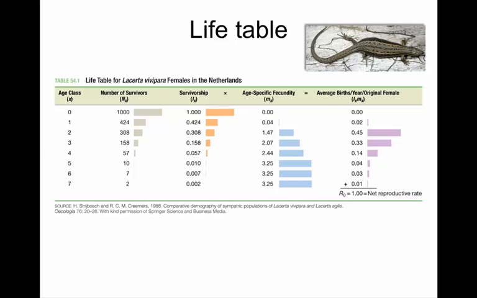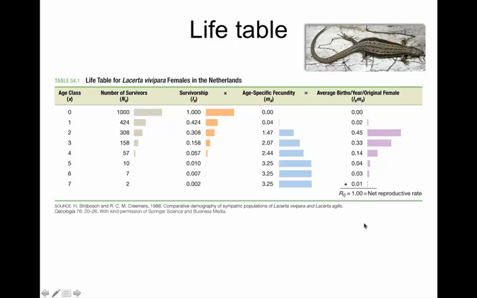Now notice if we take all of these numbers for each age class and add them all up together, we get what is the net reproductive rate for a typical female or an average female in the population. And the numbers just happen to work out to be 1.